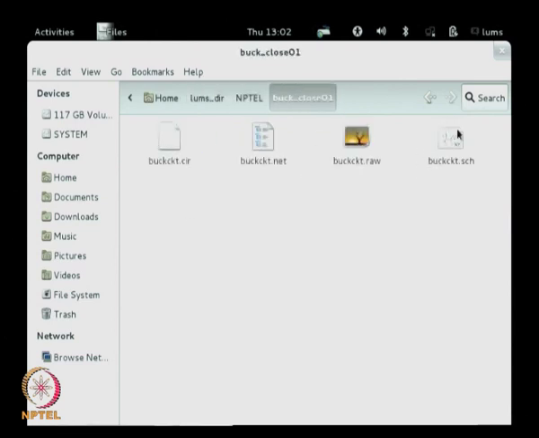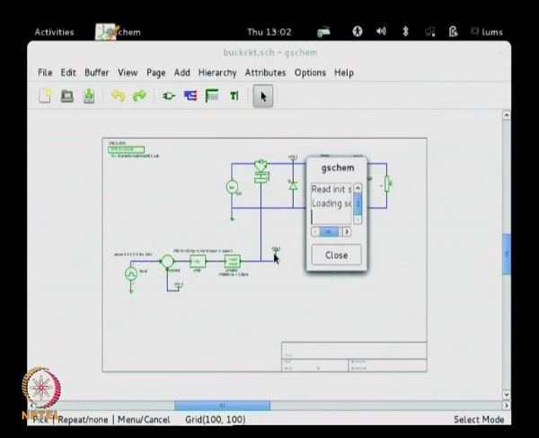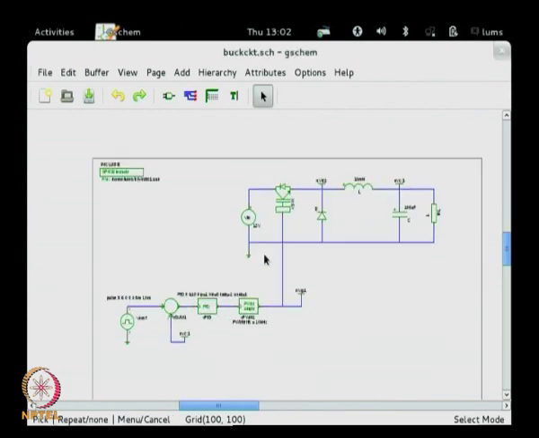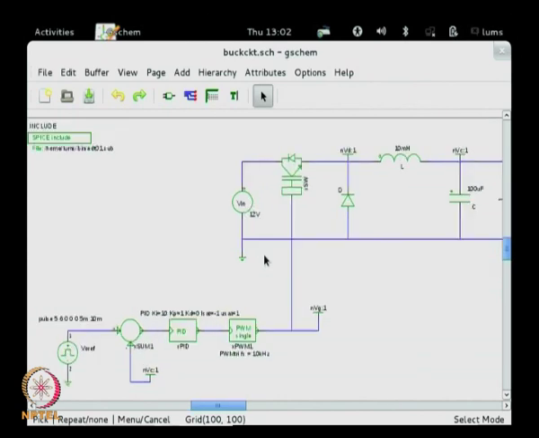So, the circuit is like this. So, you see the closed loop system here. This is the buck converter.